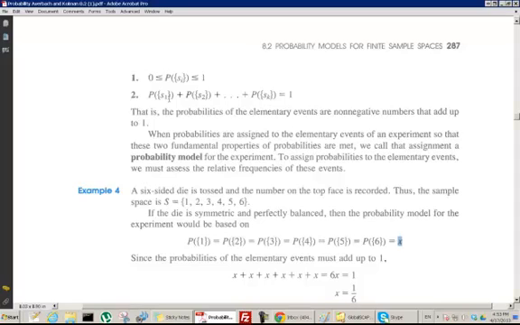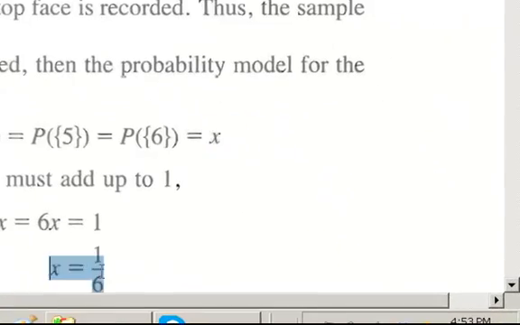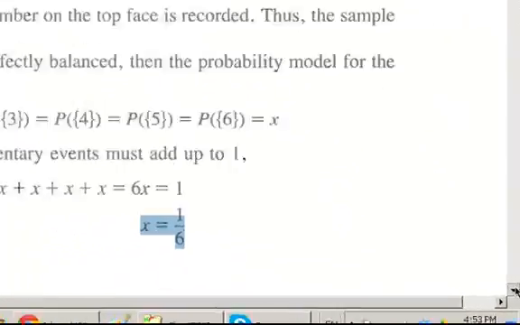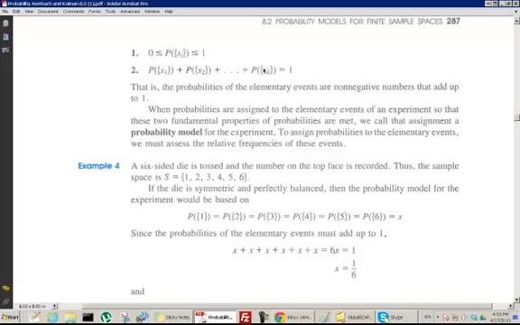So the probability of 1, which is x, plus the probability of 2, which is x, plus the probability of 3, which is x, and so on, has to sum up to 1. So that's x plus x plus x and so on, 6x equals 1, and therefore x must be 1/6. So we're familiar with that, but they're using these two properties and showing you how to use them.